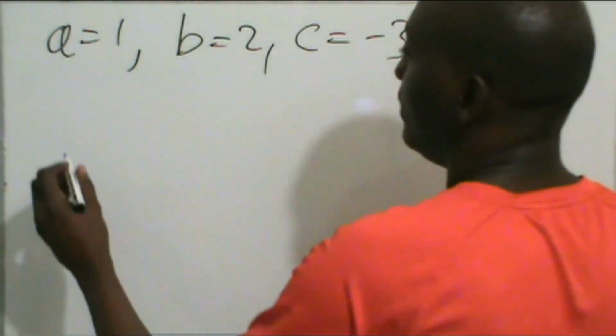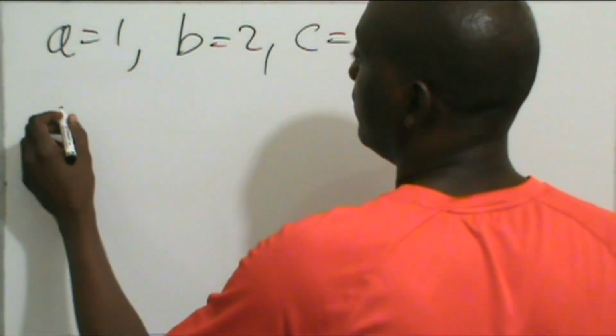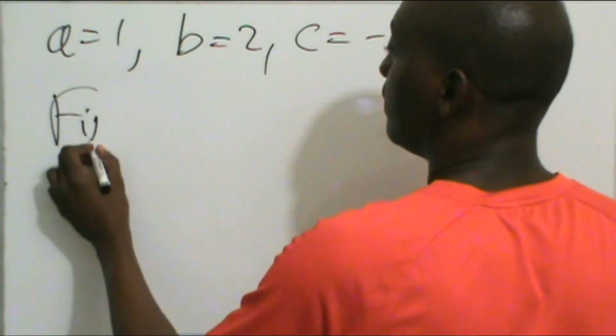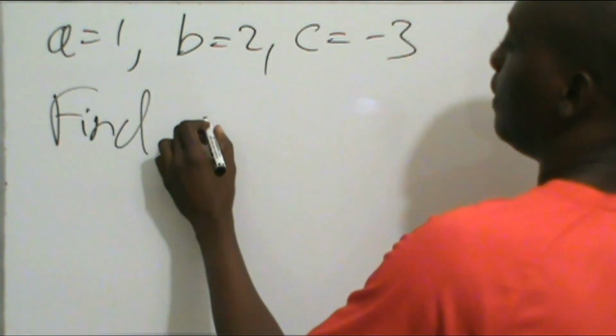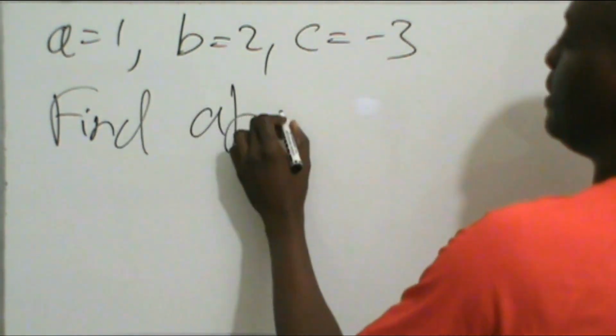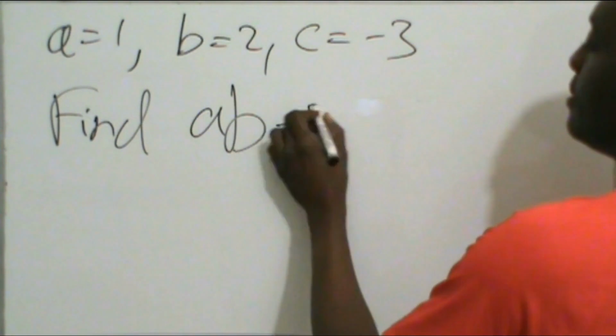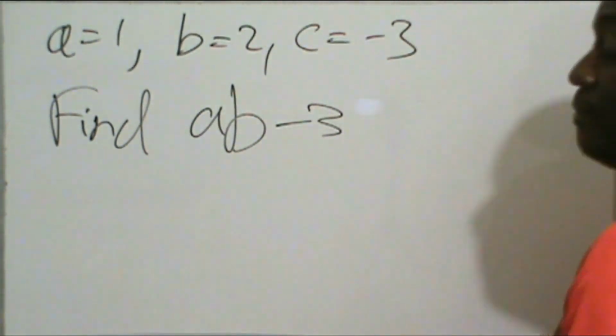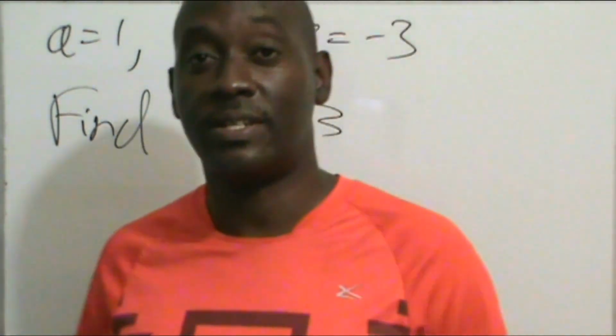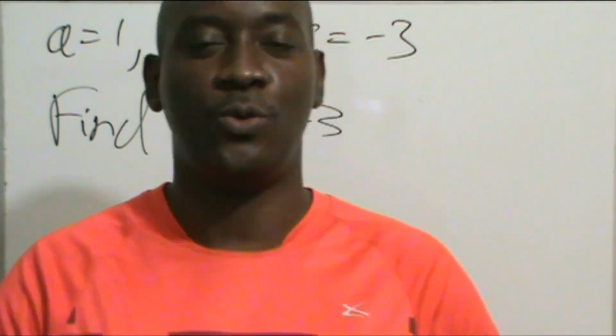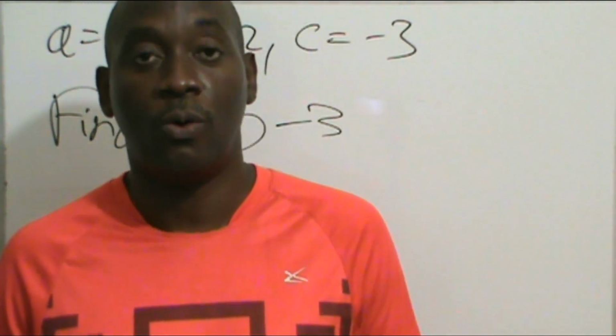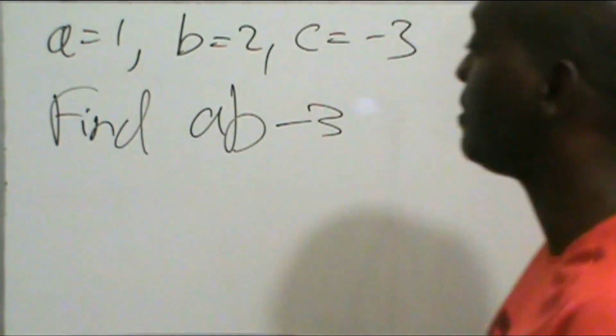And they give you an expression and they say find A times B minus 3. Simple expression, linear expression, no squares, no quadratics. Now, what do we do? Simple substitution.